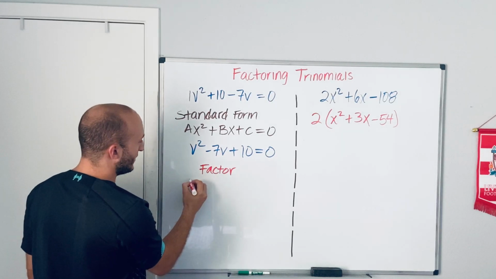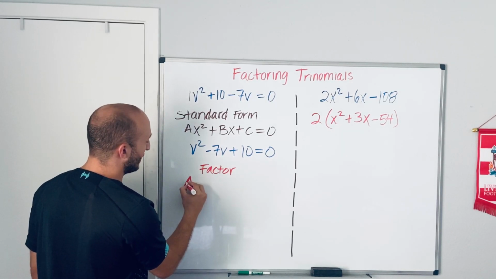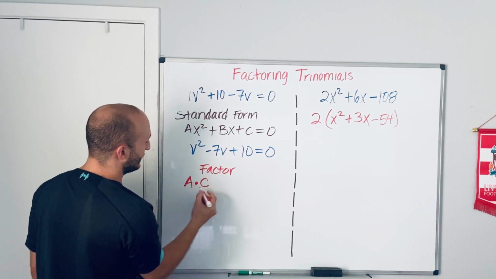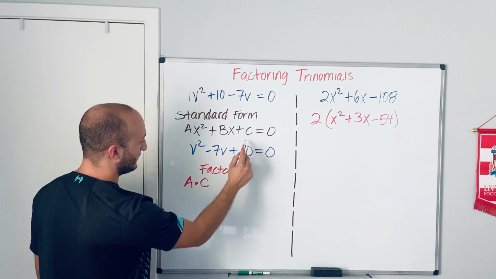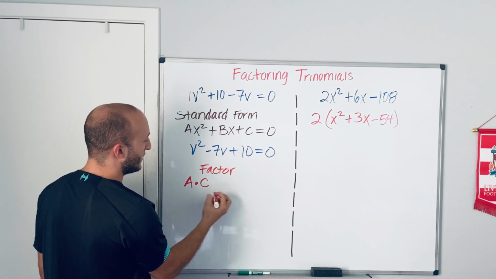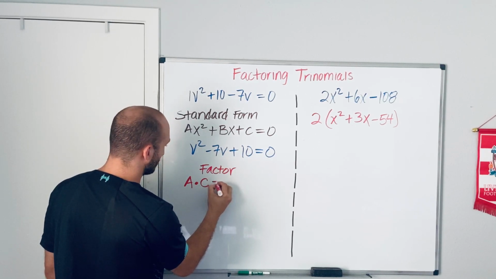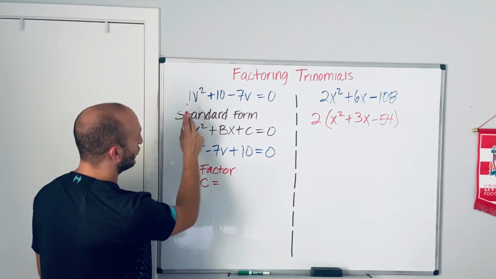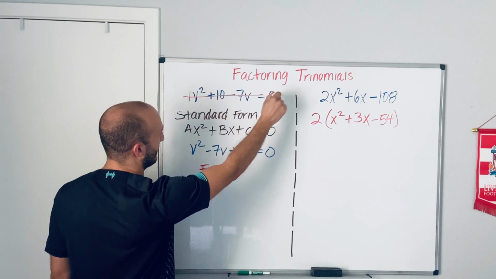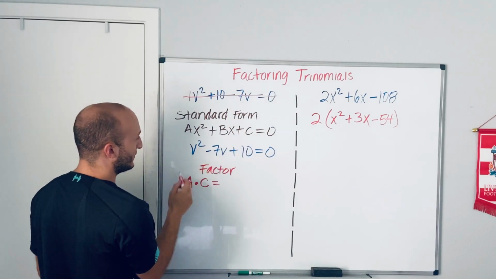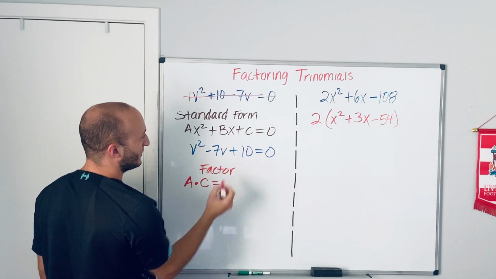Once we've done that, what we're gonna do is multiply a times c. So these are my coefficient a and my constant c. In this case it would be 1 times +10.